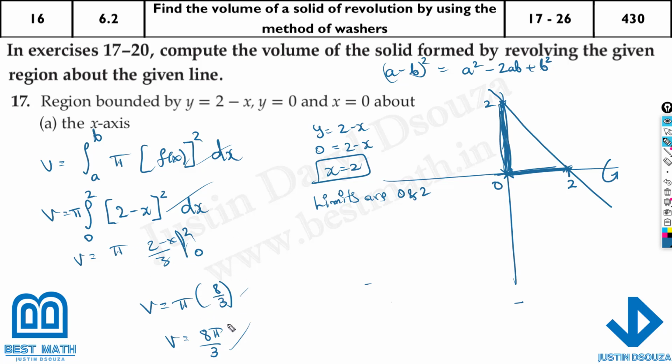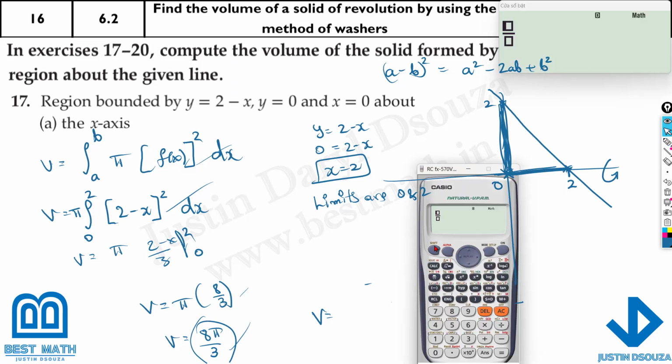And one more thing, you can have the answer in terms of pi, or you can have the exact numerical value as well. What I mean is, now you got 8 pi by 3. Sometimes it won't come like that. Imagine this is 8 pi by 3, your answer will come 8.377.